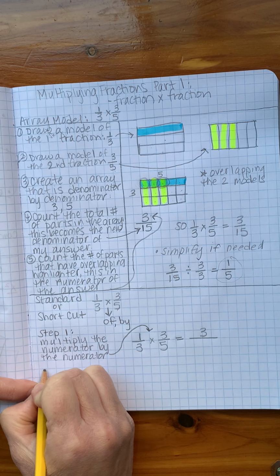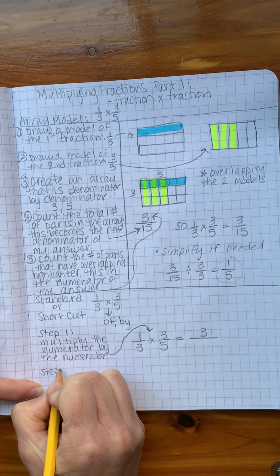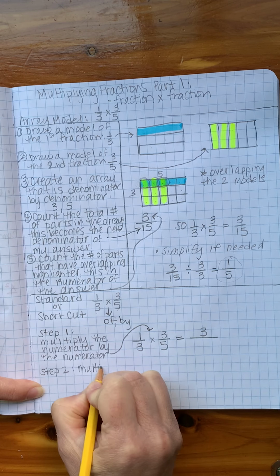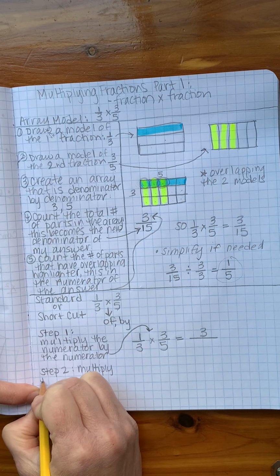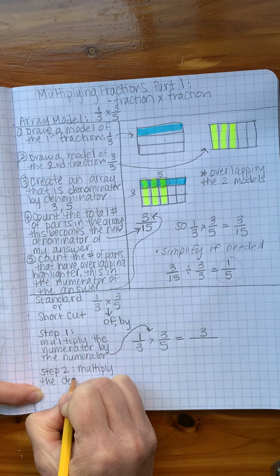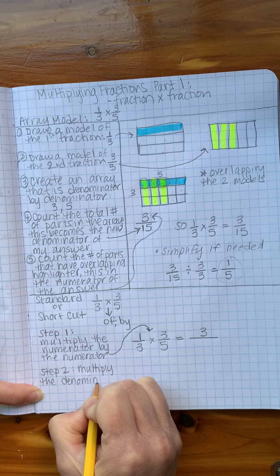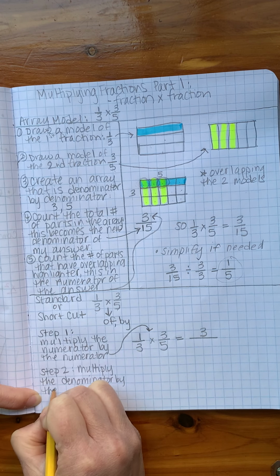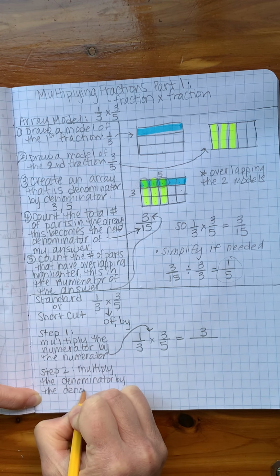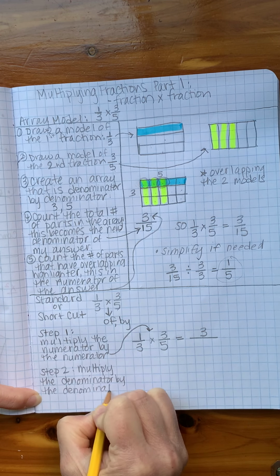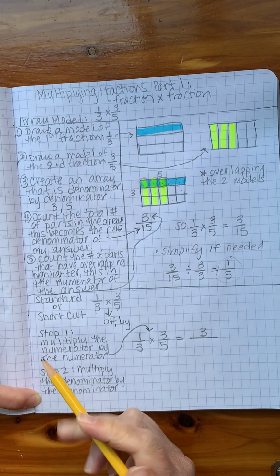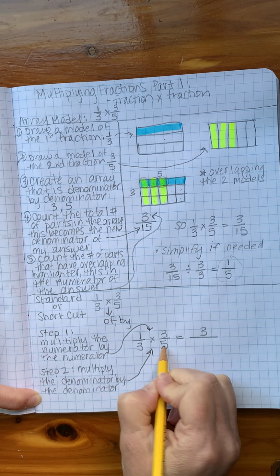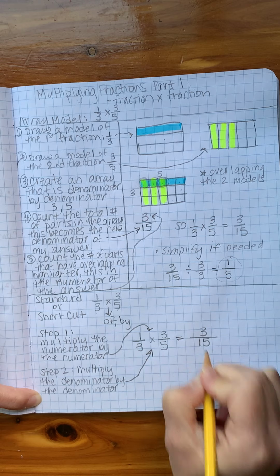Okay? Step 2, multiply the denominator by the denominator. And that would be 3 times 5 equals 15.